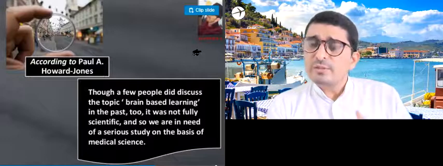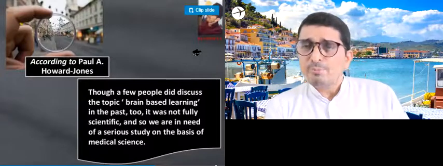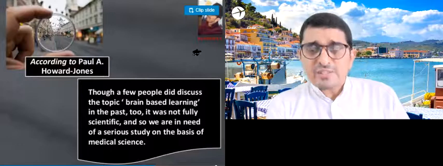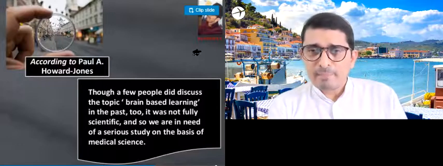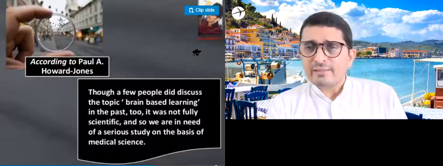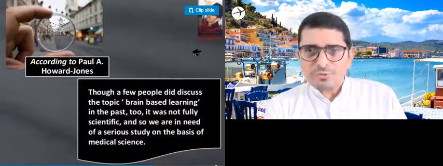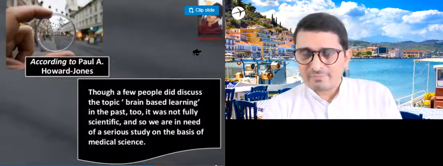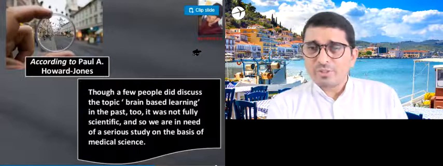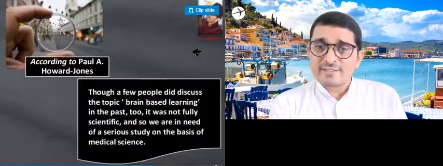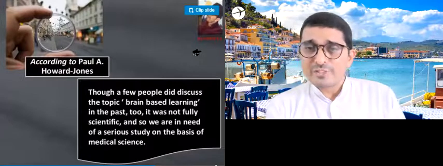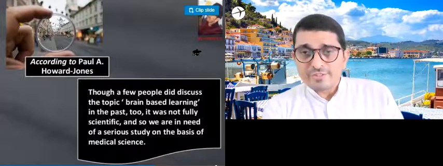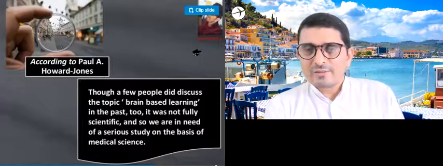So we should study the brain, the nervous systems of the brain, by making use of different aspects of medical science. And you know, nowadays modern medical science is considered more systematic, more evidential, more accurate.